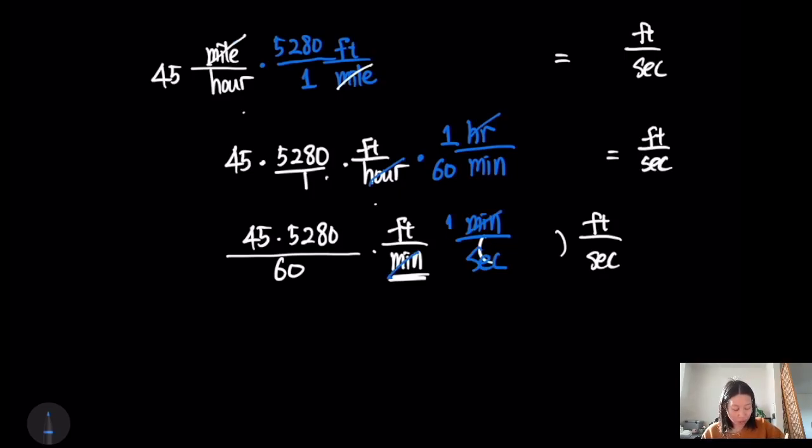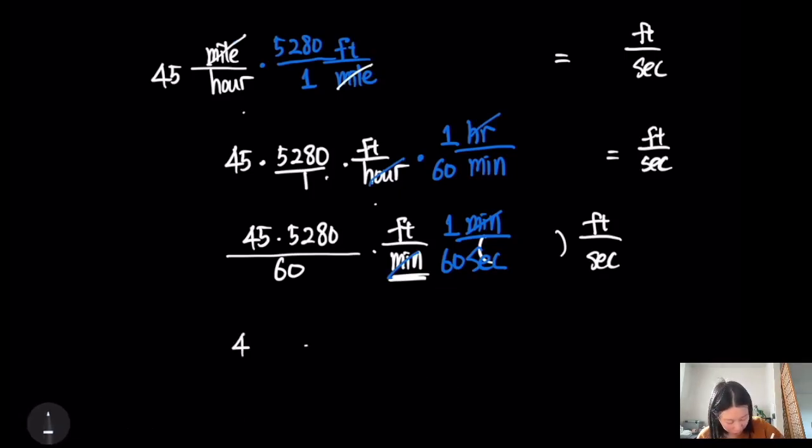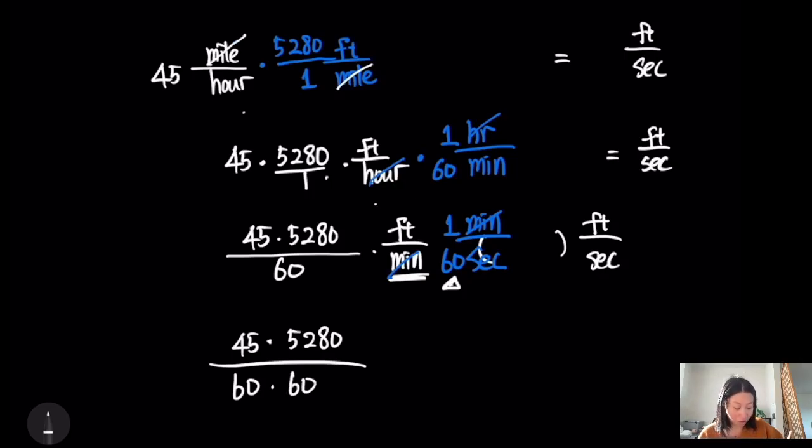And we know that every 1 minute is equal to 60 seconds. So the minute is gone. So what we have in here is 14.5 times 5,280 over 60 times 60. The unit has become feet over second, which is what we want.